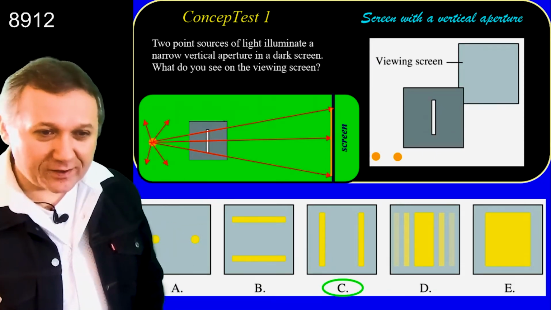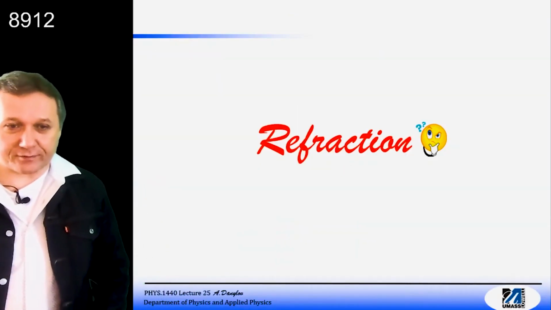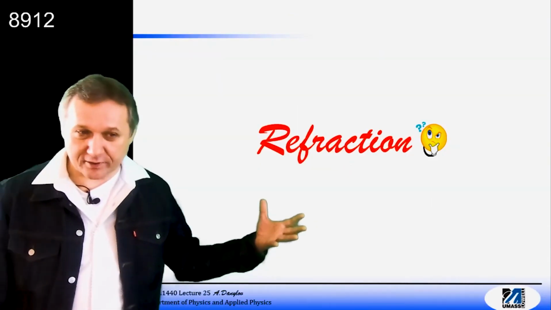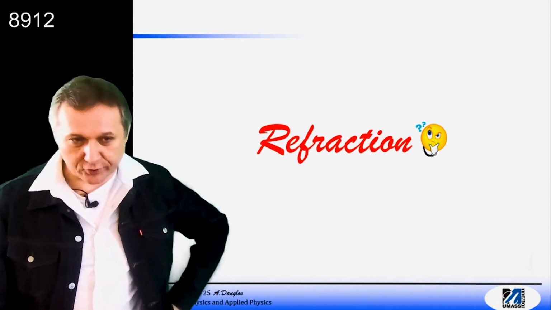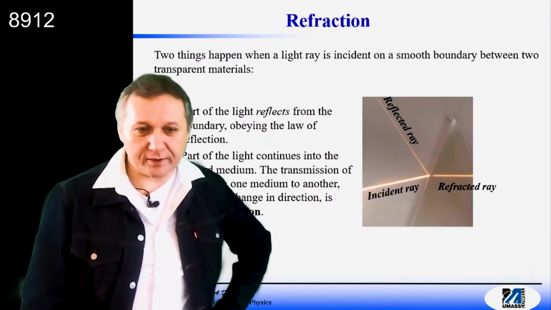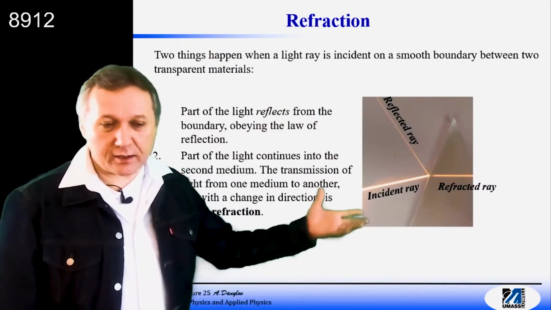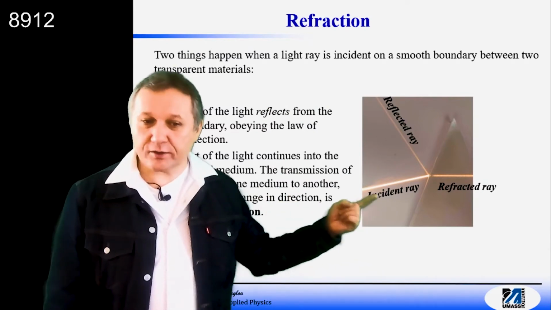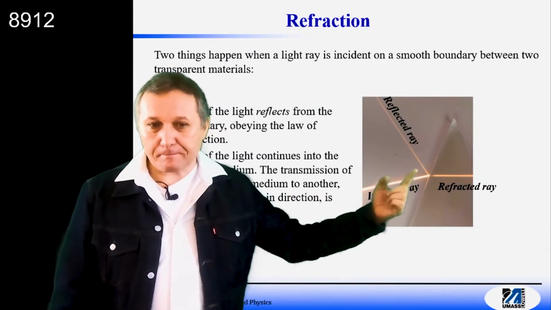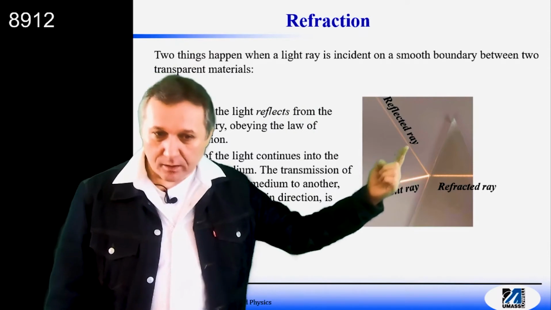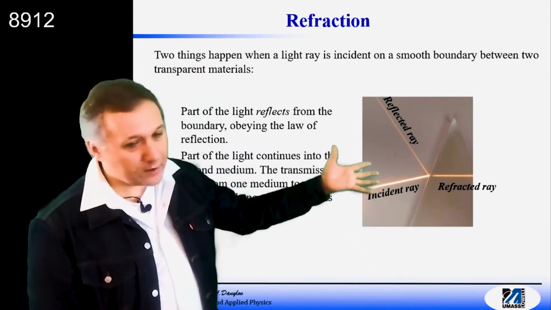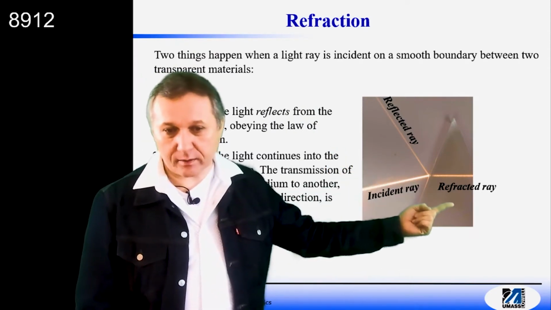So now let's move to refraction. We just discussed reflection, now refraction. Refraction is slightly more complicated, but not much. Again, let me remind you, if you have 2 media, for example, here we have air and then glass.